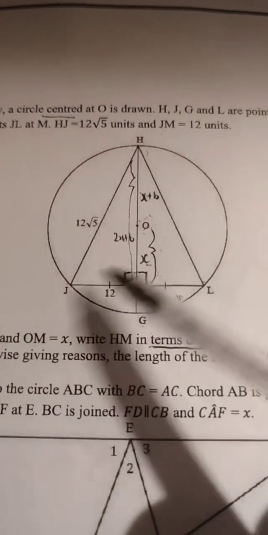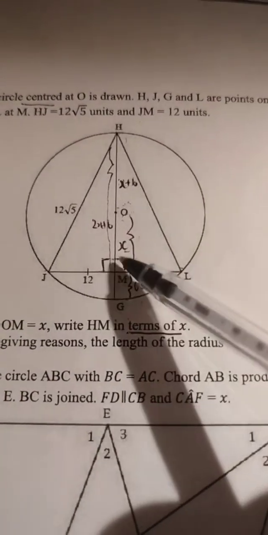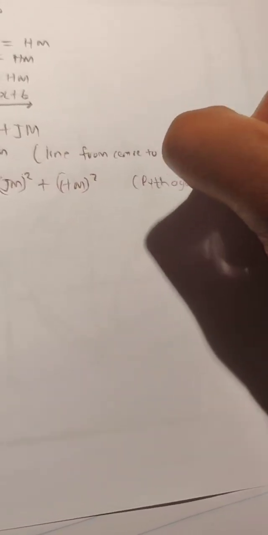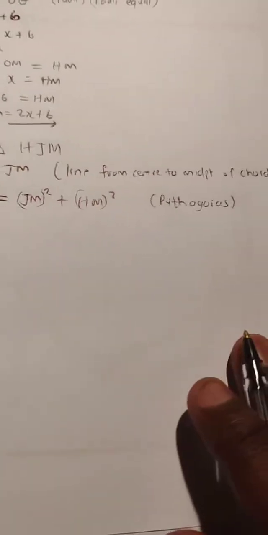And the square of the hypotenuse side is equal to the sum of the square of the other two sides. So I'm going to say JM squared plus HM squared. Then I write the reason, guys, because in geometry we write the reasons, and in the acceptable way, Pythagoras.